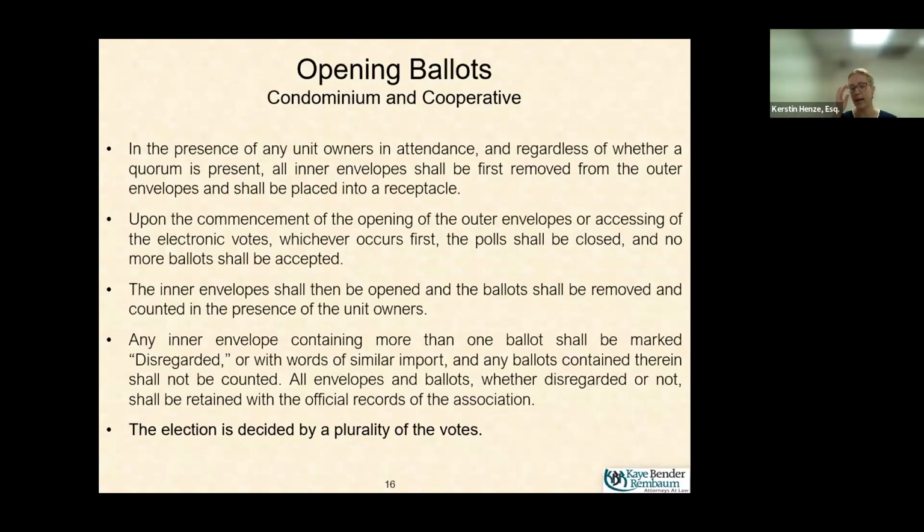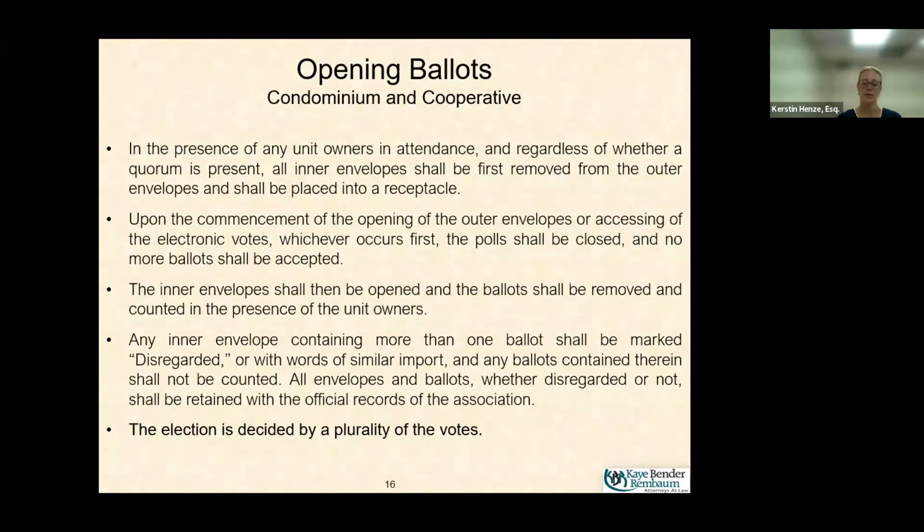Until that point, any person can walk in with their election ballot and you have to accept them. So polls do not close when you call the annual election meeting to order. They only close once you slice through the first envelope, which is at the end of the verification process. Once you do that, that's it. Then you can officially deny someone's election ballot if they come in late.